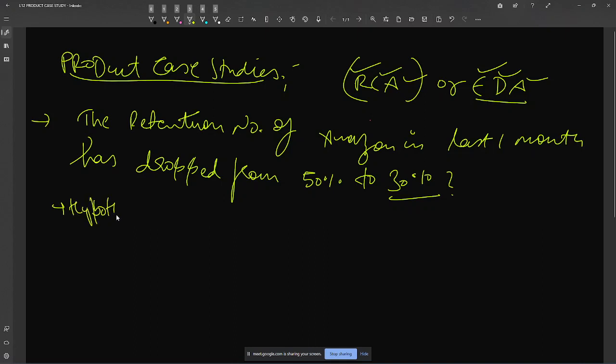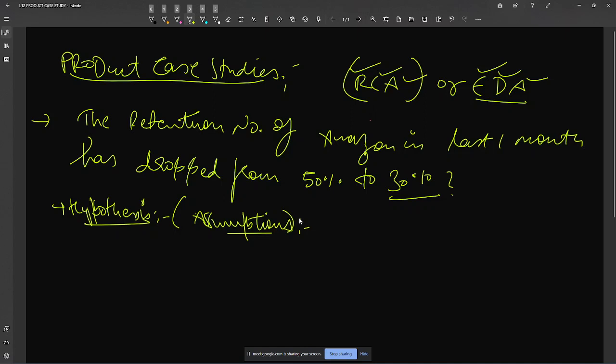Does everyone understand what a hypothesis is? In one single word, hypothesis means assumptions. So you have to come up with a framework, a structured approach, through which you will deep dive into this data.